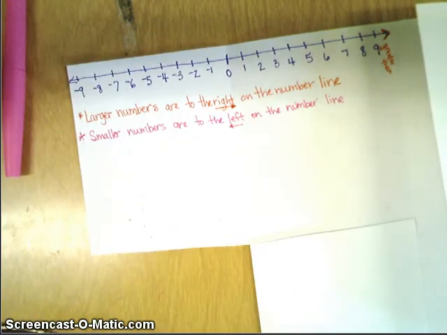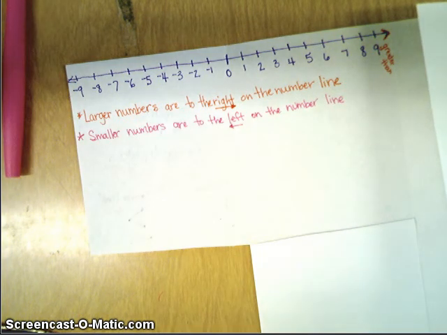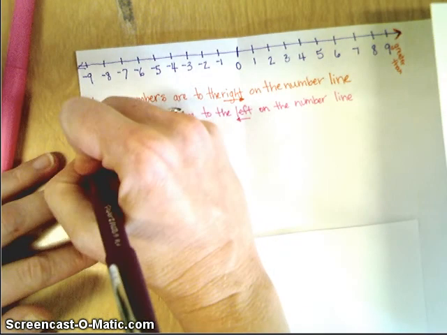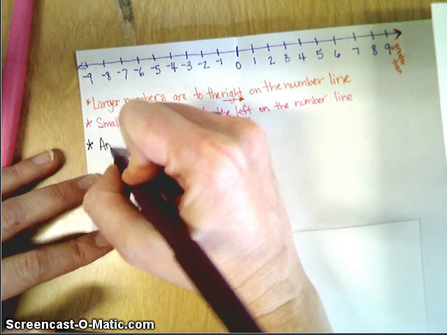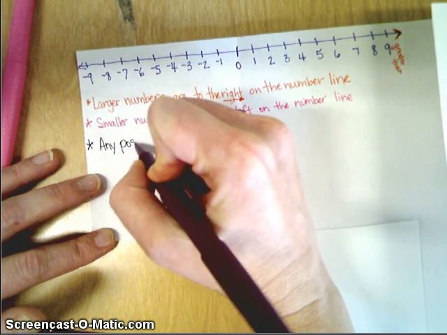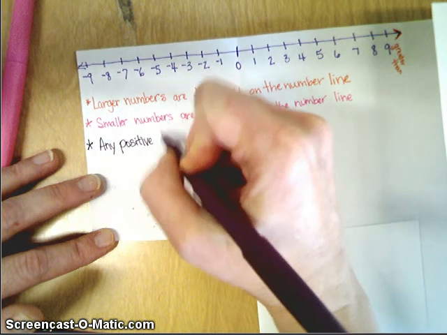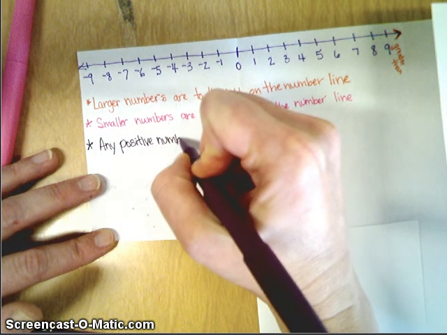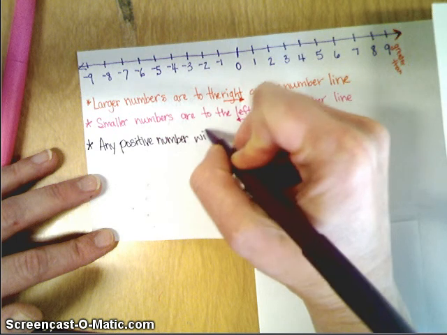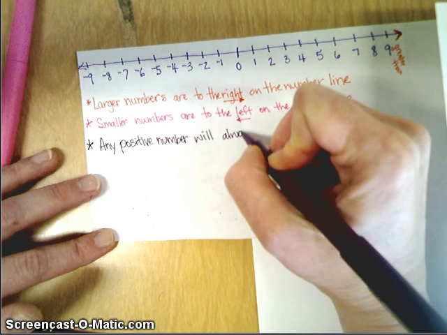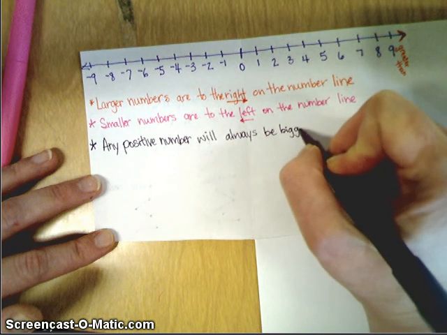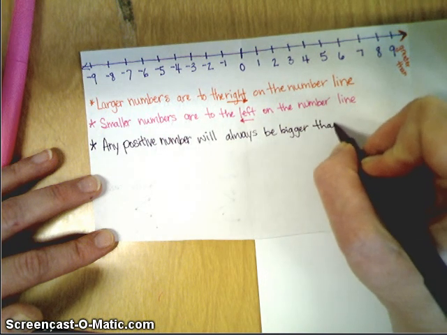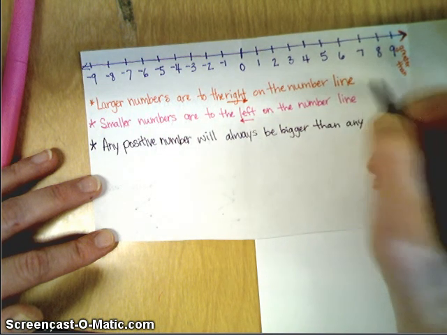And something that's kind of a common sense sort of thing, but some people don't put it together, so we'll just spell it out. Any positive number will always be bigger than any negative number.